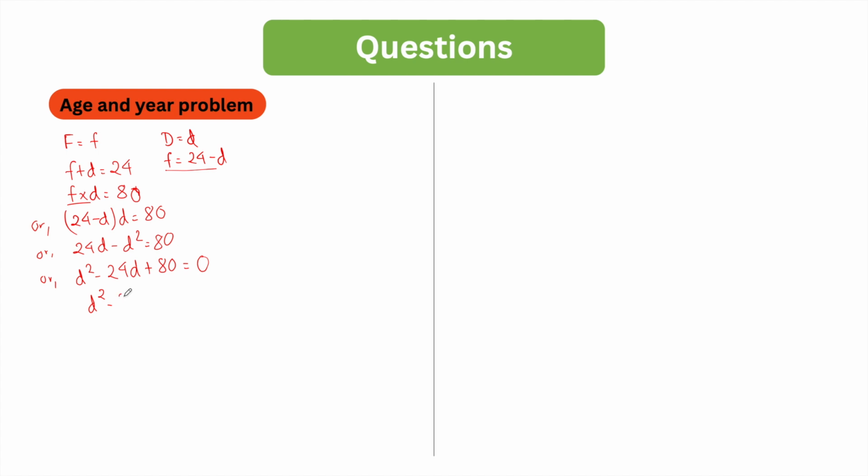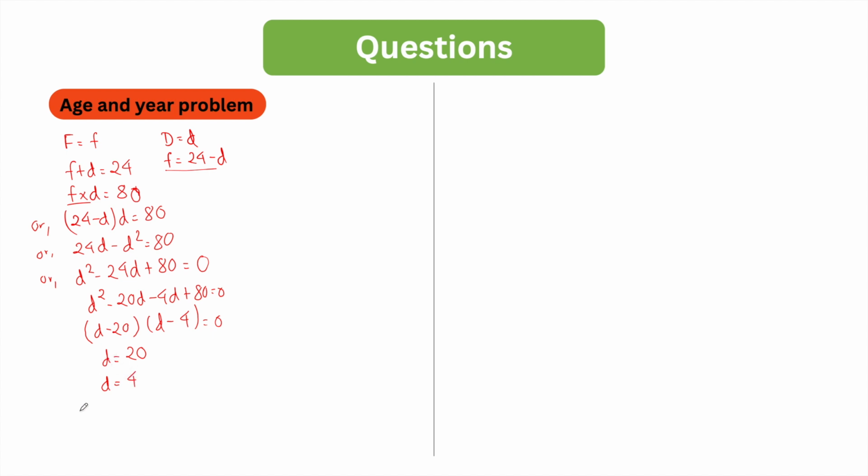d² − 20d − 4d + 80 = 0. We will get (d − 20)(d − 4) = 0. So we will get d = 20 and d = 4.